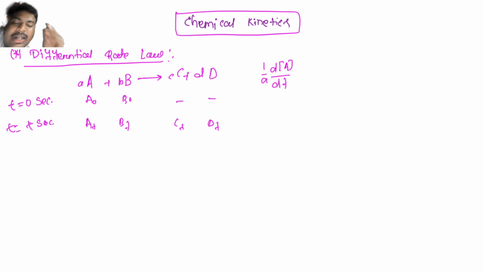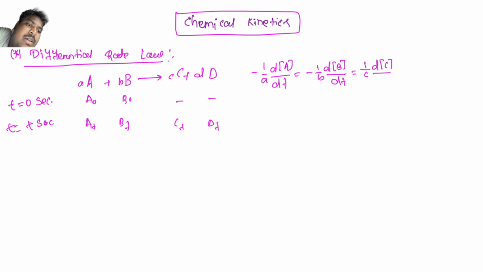A is itself a reactant, so simply we will write negative. Like that I can write minus 1 by b dB by dt equal to 1 by c dC by dt, 1 by d dD by dt.